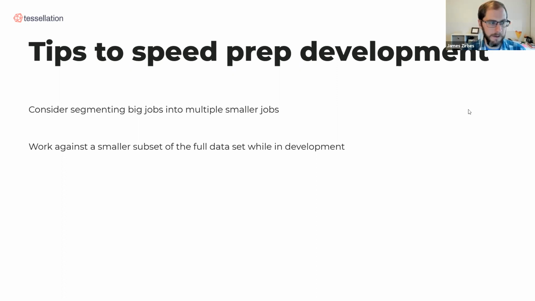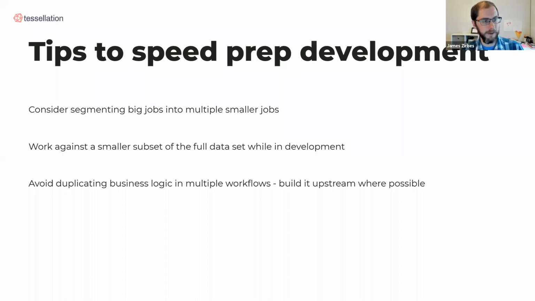Another thing is avoid duplicating business logic where you can. This can sometimes run contrary to the very first bullet point, where if you've got business logic split up in 20 jobs, the other side of the coin is that if that changes, you've got 20 jobs to update.